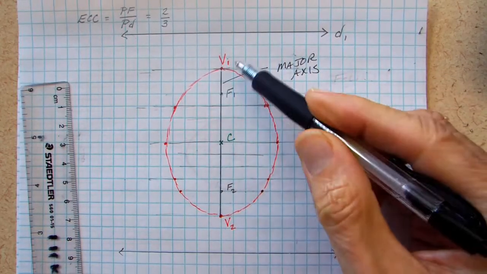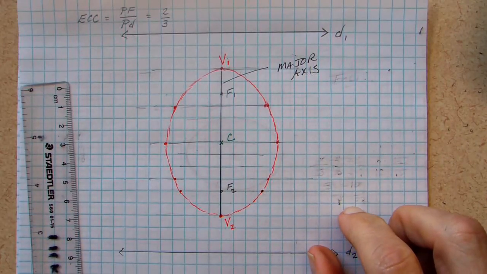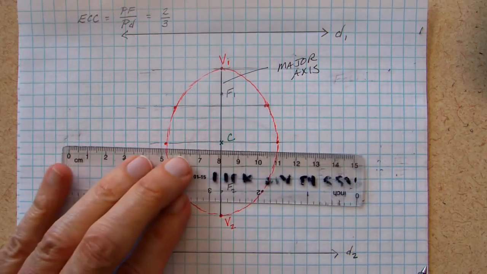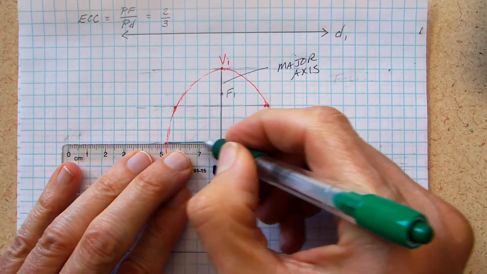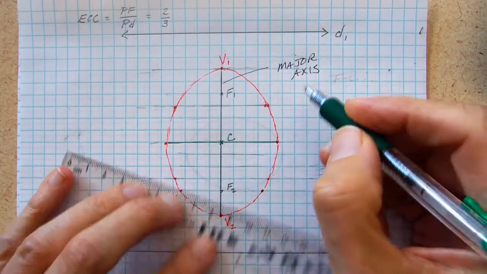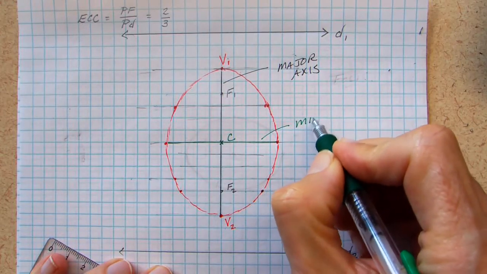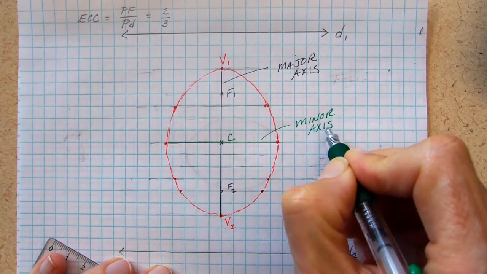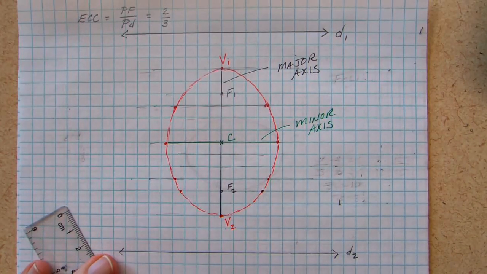Okay? It's the biggest of all the diameters in the ellipse. And then we have one that's going across, which is the shortest of all the diameters. That one we refer to as the minor axis. So you have the major axis, which is the longer of the two, and the minor axis, which is the shorter of the two.